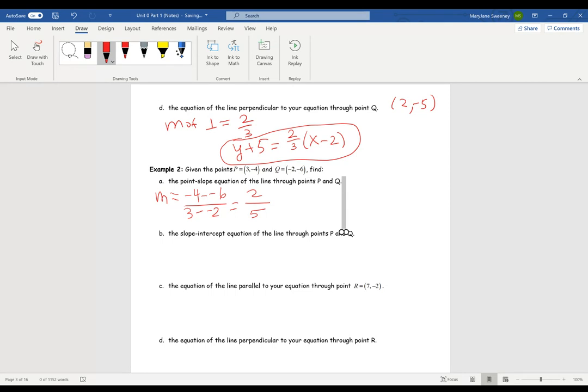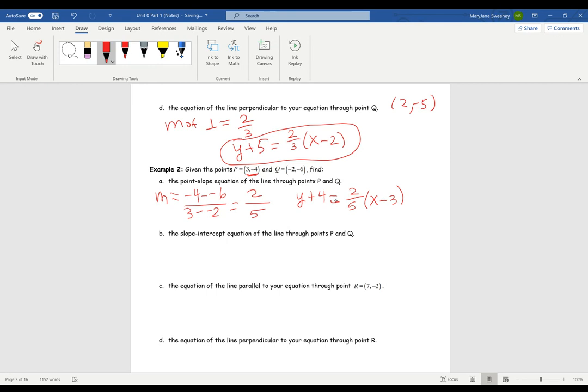And now you have your choice of which point you want to use. One person might say, I'm going to use this point, and then they'd have y minus the y equals m times (x minus the x).